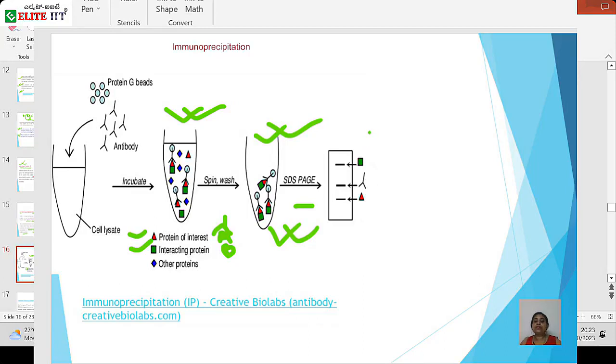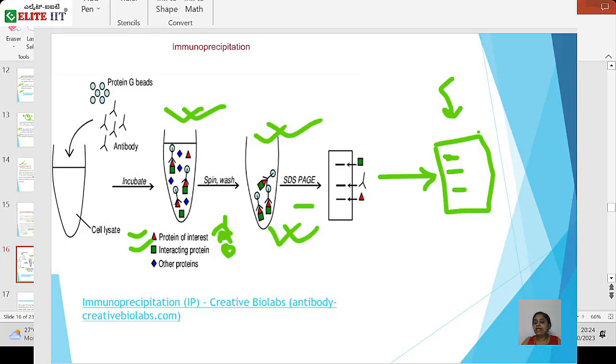Now in the next step, you have to do the Western blot. In the Western blot, initially you are transferring all three bands onto the nitrocellulose paper.